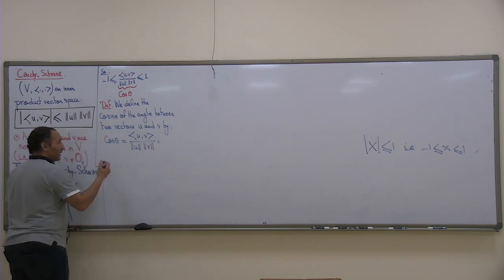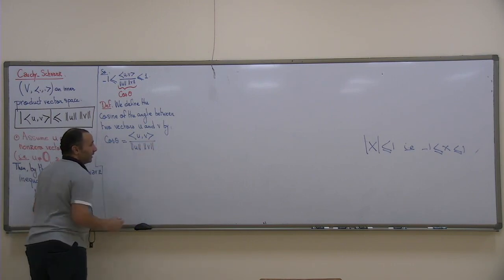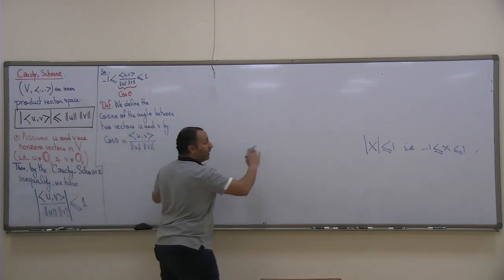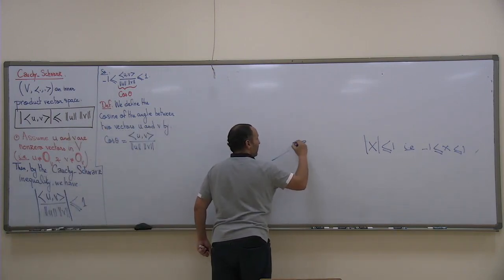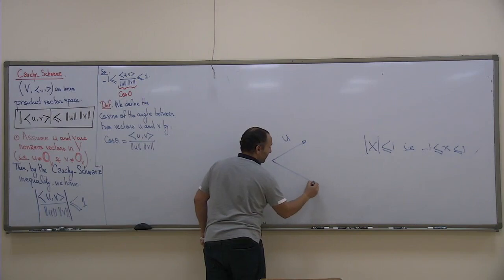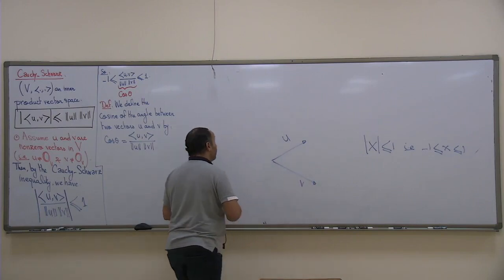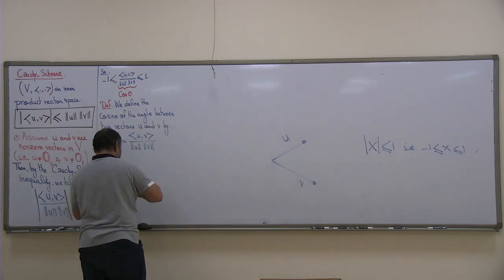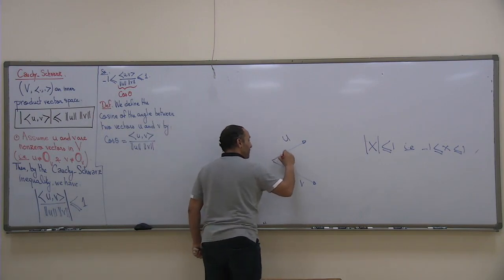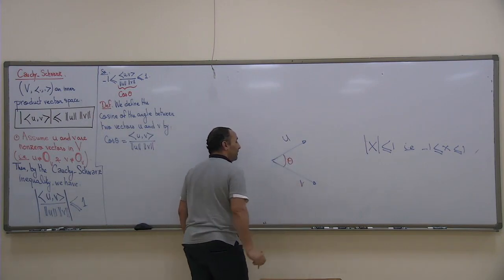And if you go to the Euclidean geometry, if I have u here, v here, then this definition corresponds exactly to what you see here, the angle theta between u and v.